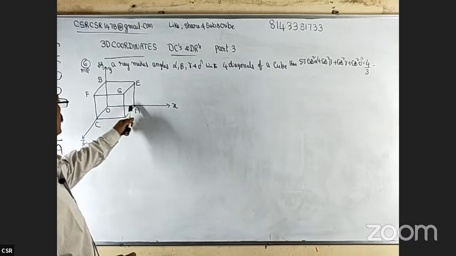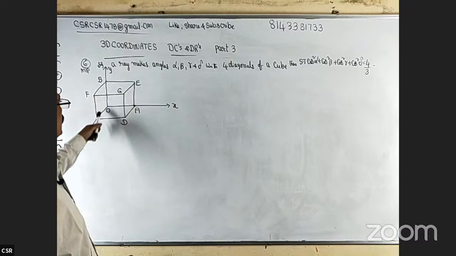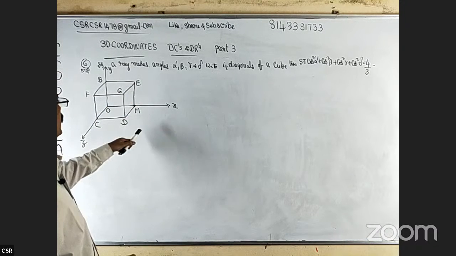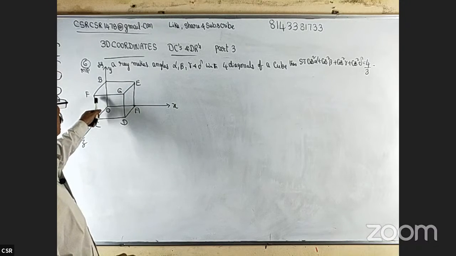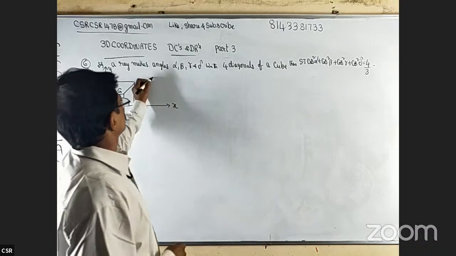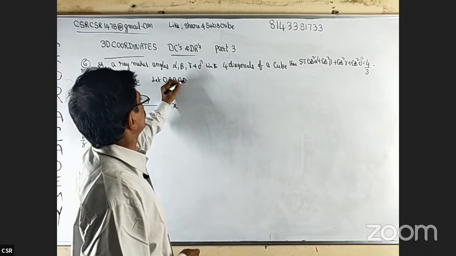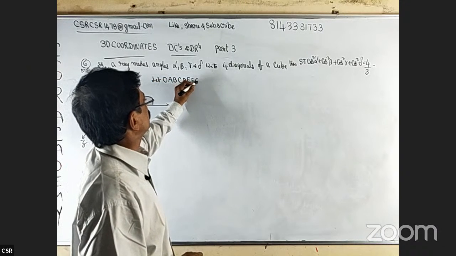OG is one diagonal, up to down. AF is another diagonal, BD another diagonal, and CE the other diagonal.